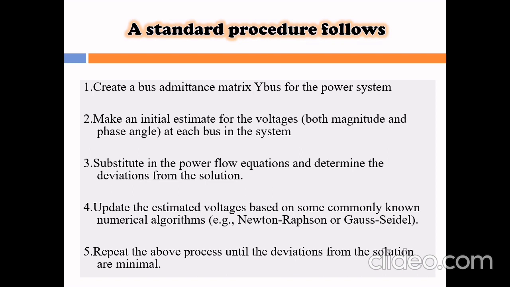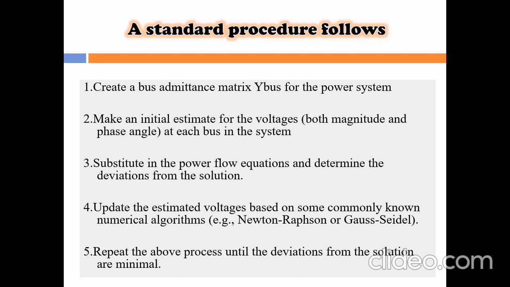Anyway, you need to go on substituting the values one after the other, and finally that is what is called update. Update the estimated values based on some common numerical algorithm, like the Gauss-Seidel method or Newton-Raphson method, substitute and then find out the updated value. Updated value to previous value, what is the difference? That is the error.